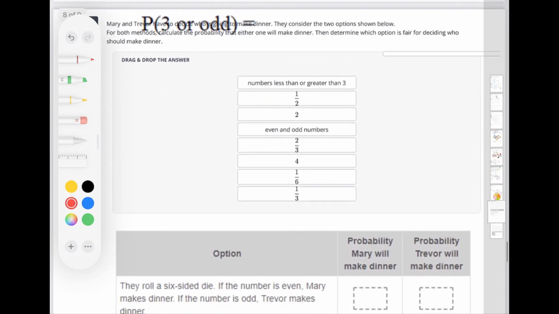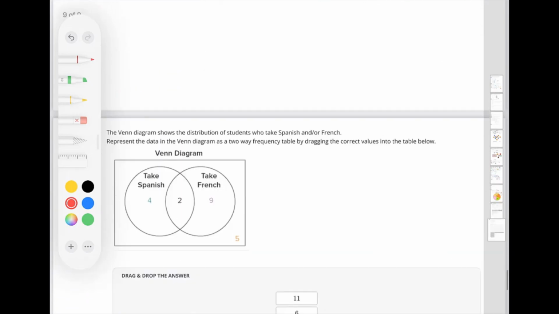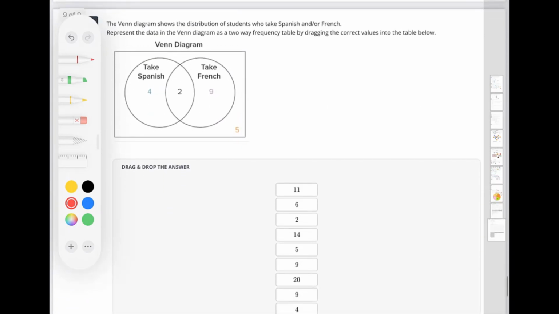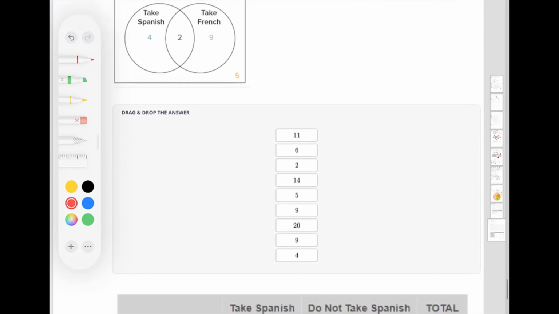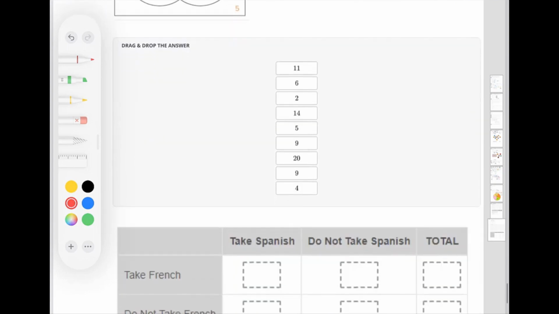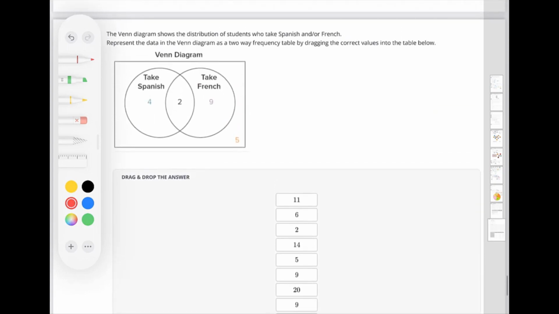Okay, let's see if we got the next one. Let's get this problem. Alright. The Venn diagram shows a distribution of students who take Spanish and or French. Represent the data in the Venn diagram as a two-way frequency table by dragging the correct values into the table. Okay, I'm just going to try to replicate this so I don't have to keep scrolling down.